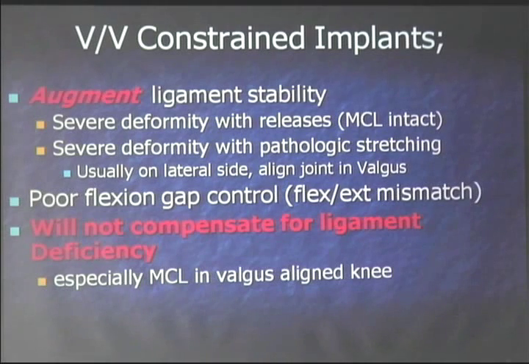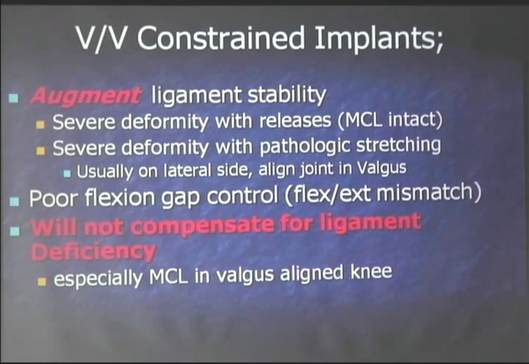When it comes to varus valgus constrained implants, these are used to augment ligament stability. So if you're doing a severe deformity and you do an intra-op release, but you still have an MCL, I think you can use these devices. Or if you have pathologic stretching, especially on the valgus side with severe valgus disease, or if you have poor flexion gap control, which I would caution you never want to leave a patient with, but in certain cases you simply can't chase it down, then the varus valgus constrained implant is your go-to implant.